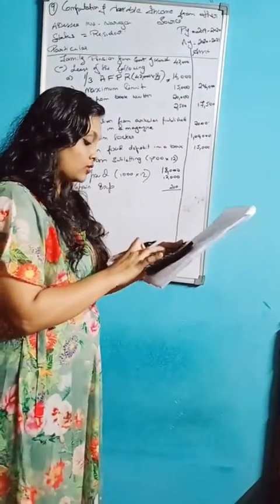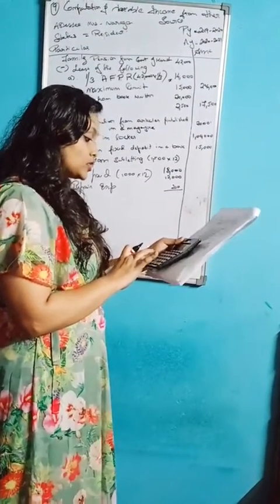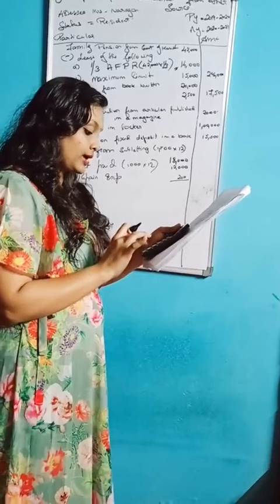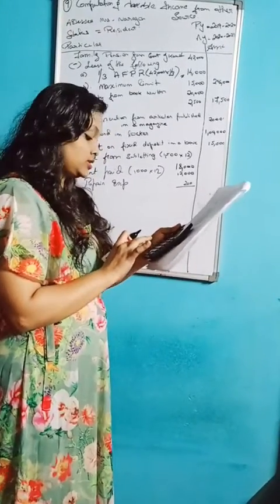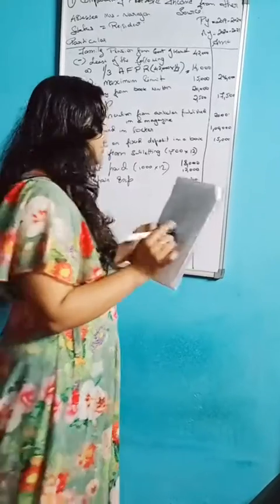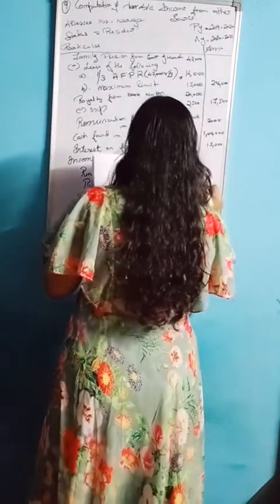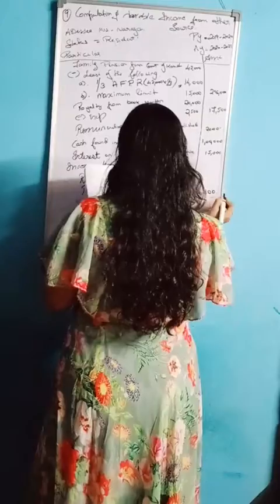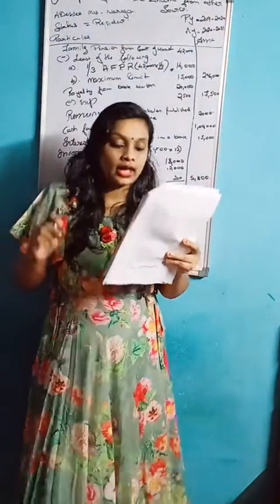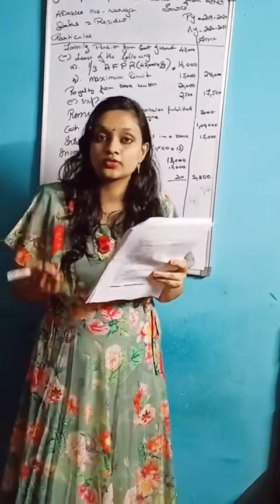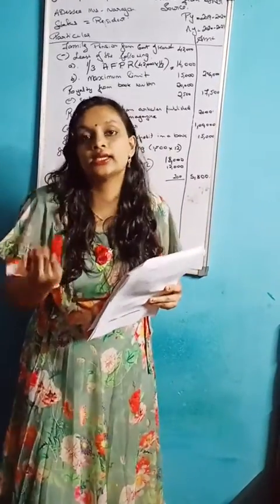So you add it: 18,000 minus 12,000 minus 200, you will get 5,800.